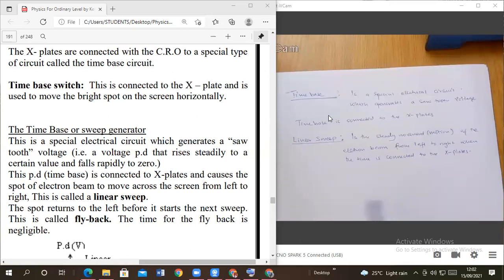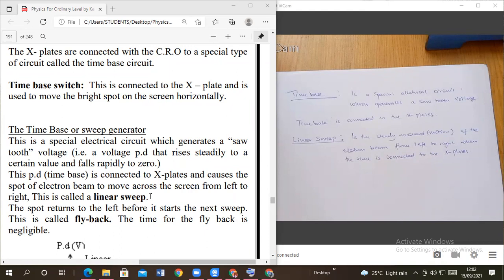And then what do we call the other part where the voltage rapidly returns or falls to zero? That point is what we call the flyback. The flyback is that motion of the electron beam when it falls back to zero when the time base is connected to the X plates.